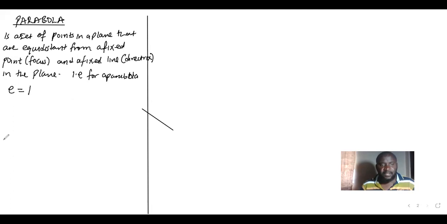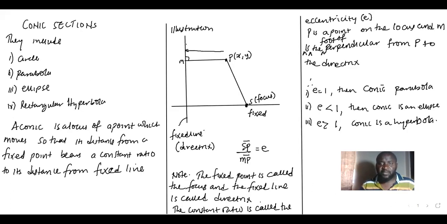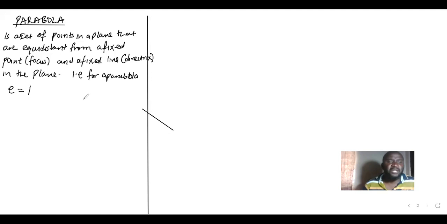Thank you so much. Now, remember, because we had seen this illustration before, conics move in a way that there is always a ratio of the distance from a fixed point PS to the distance from the foot of a perpendicular to the directrix to the variable point PM. And we said if the eccentricity is equal to 1, then it is a conic describing a parabola. So for a parabola, it is a set of points which moves in a way that the distance from a fixed point is equal to the distance to the directrix.